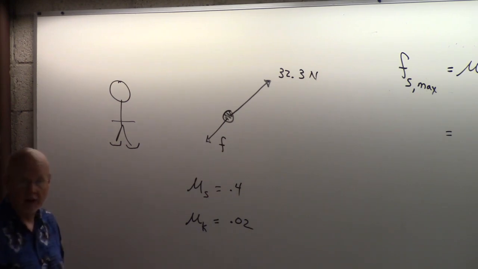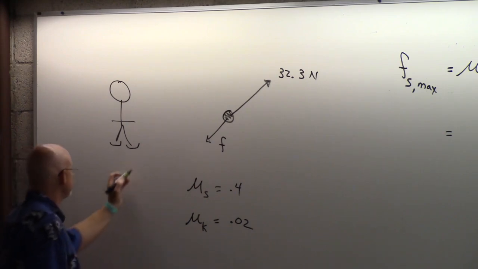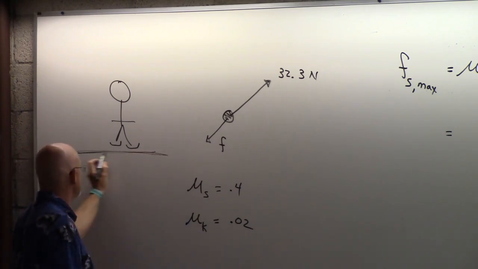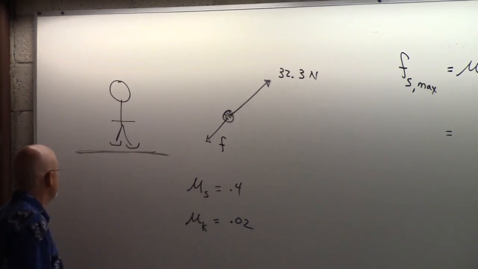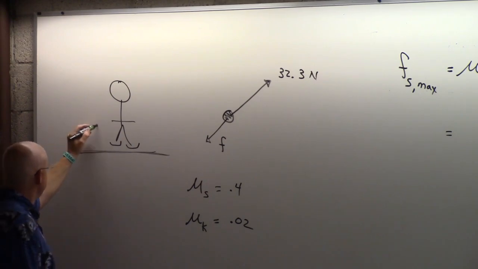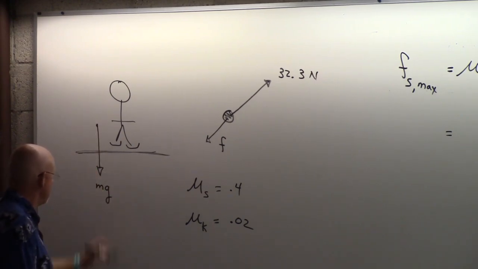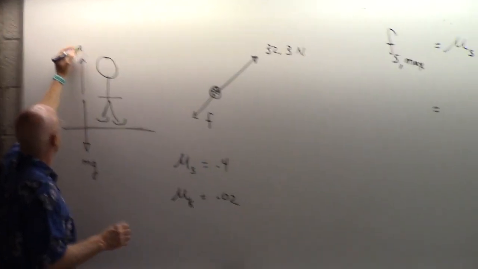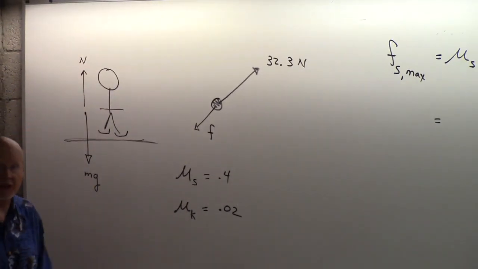So here's my ice skates, and here's the ice. And if I do a free body diagram, I would say her weight is pulling her down. The normal force from the ice is lifting up.